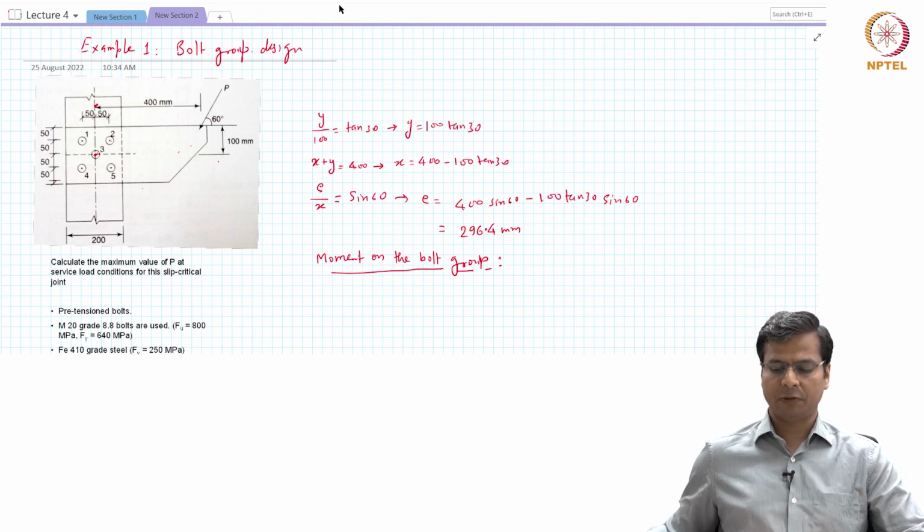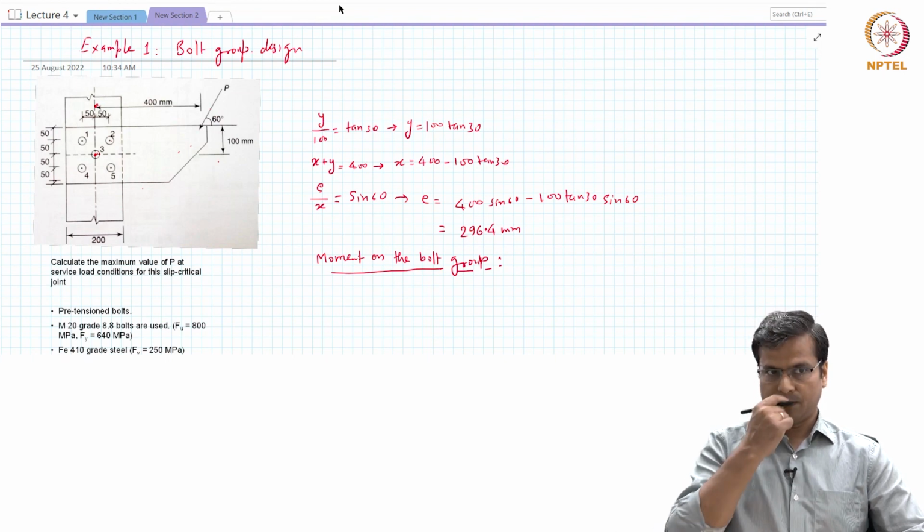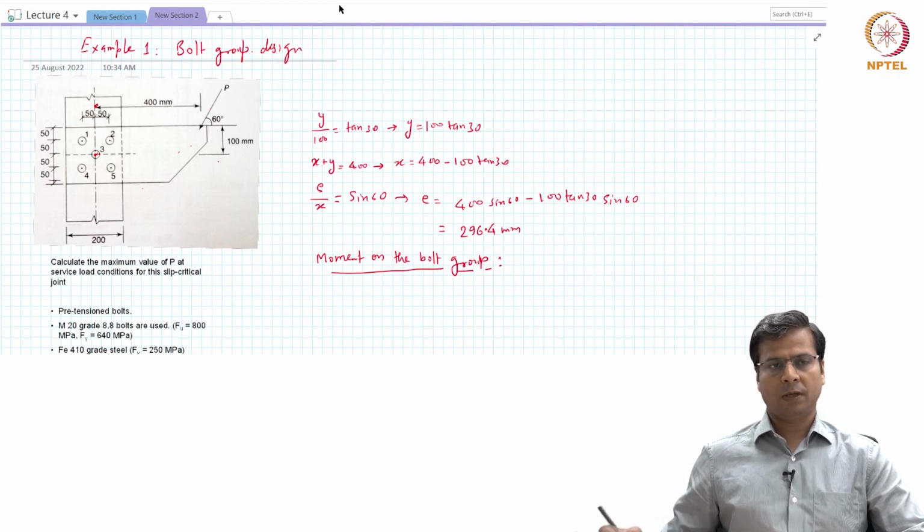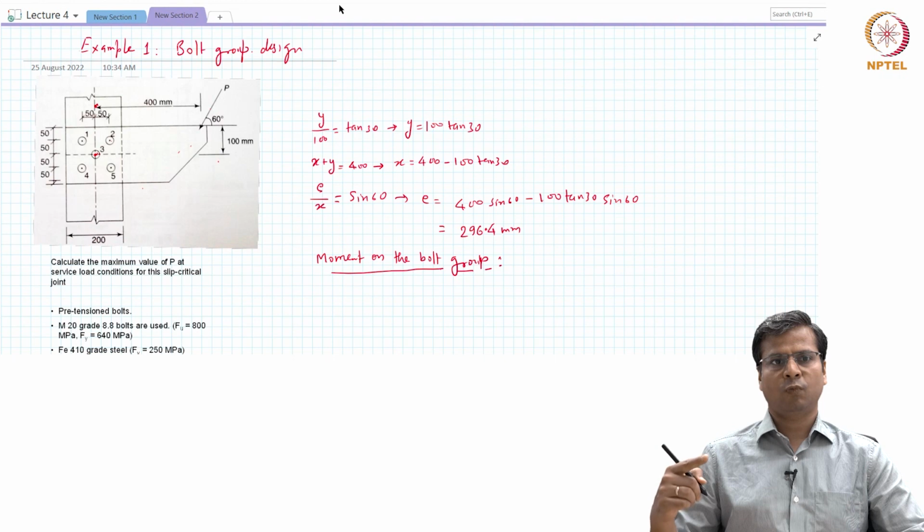And the principle that we need to follow for that is that the force that one bolt would resist will be proportional to its distance from the centroid.